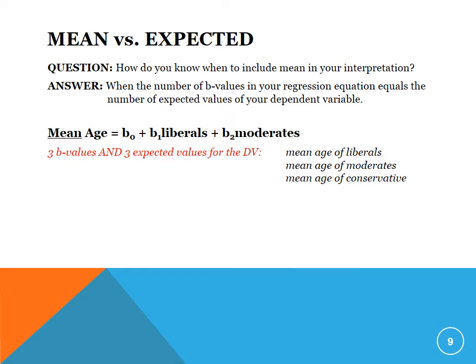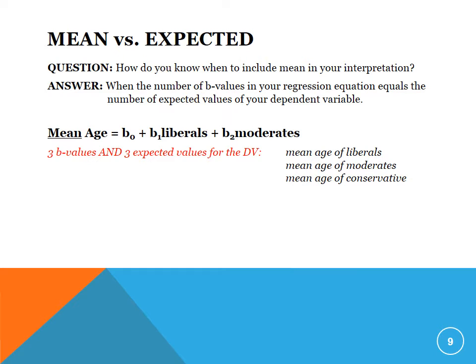Now, let's look at how many expected values we have for our dependent variable. Our dependent variable is age. And so how many ages do we expect to pull out of this? We expect to get a mean age for liberals, for moderates, for conservatives, which we know is our reference group, because we don't see it here. It's invisible to us.